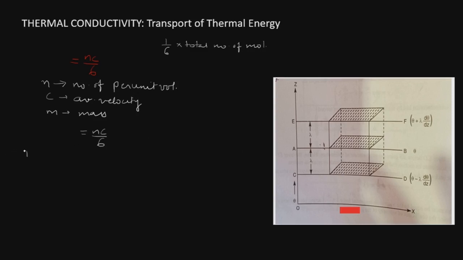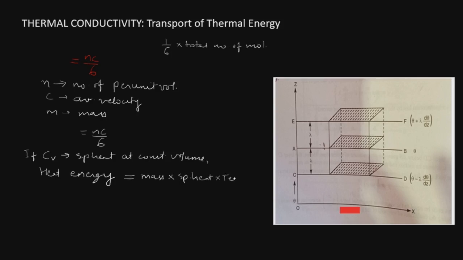Suppose we take Cv as the specific heat of the gas at constant volume. Then the heat energy carried by the molecules in crossing unit area of AB in the downward direction will be equal to, you know the formula, heat energy equals mass into specific heat into change in temperature.